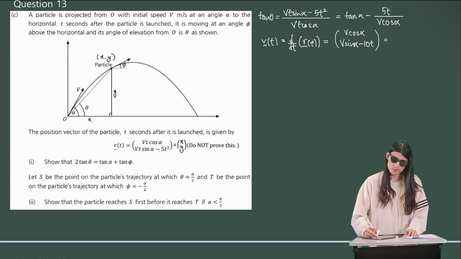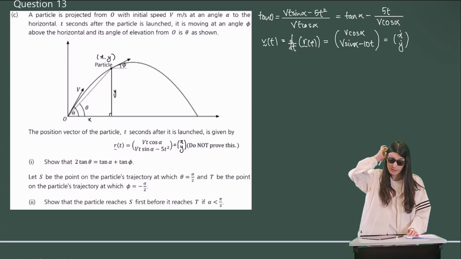And again, guys, this is your x dot and y dot, the other way around actually. This is the components of your velocity vector, that is always your x dot and y dot respectively.